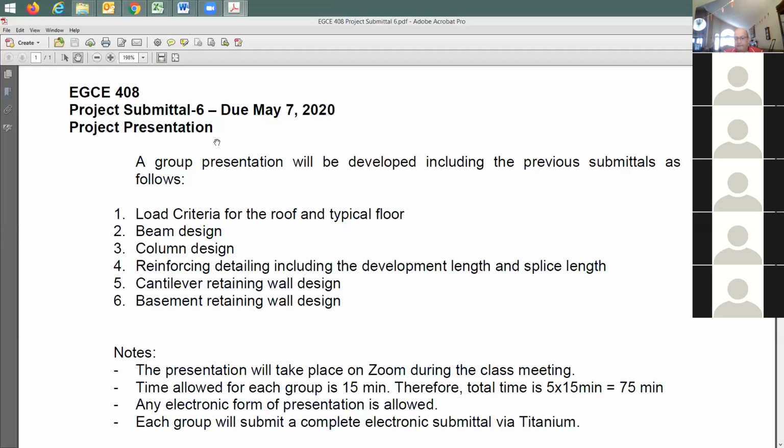Well, considering that it's a group of 10 at most, if not everyone has the same calculations or design, are we just going to, as a group, decide on one and then present on that? Decide on one, or you can pick and choose. Let's say that person X has a very good document for the load criteria.